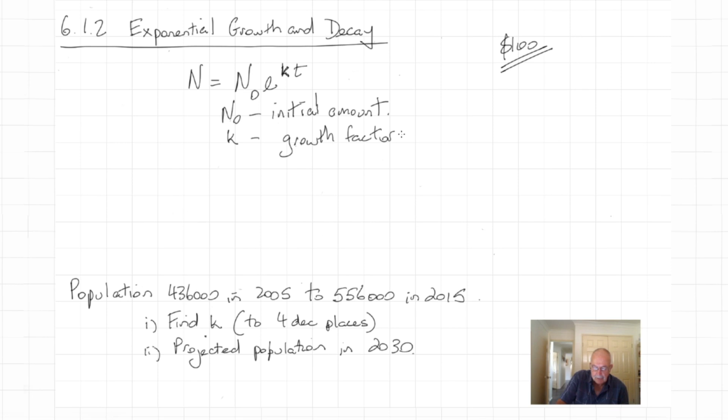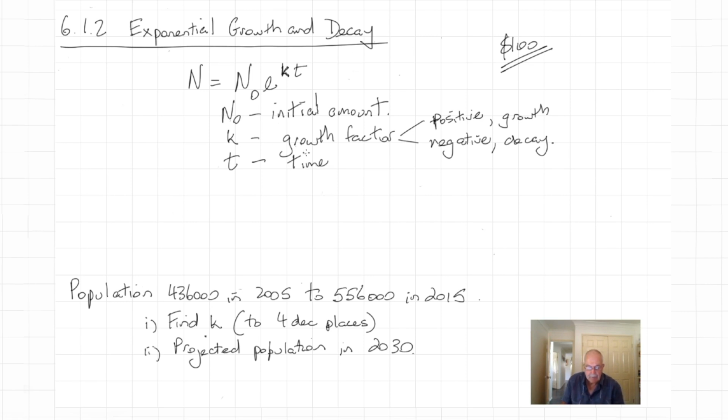Now there are two possibilities. If K is positive, we have growth. If it's negative, we have what's called decay. In other words, the amount gets smaller and smaller over time. T is time.